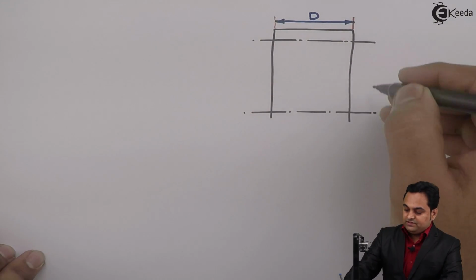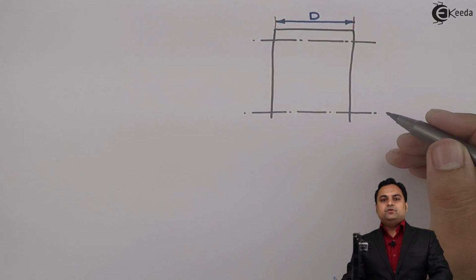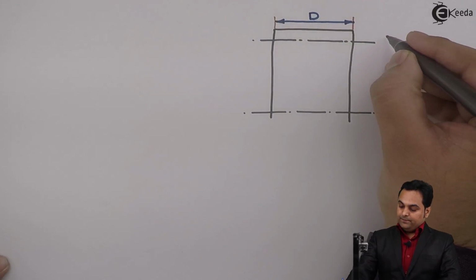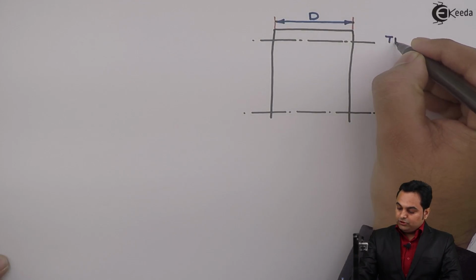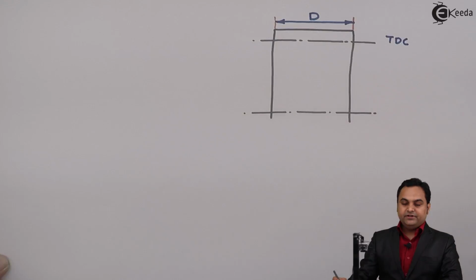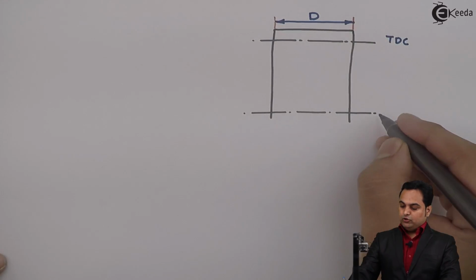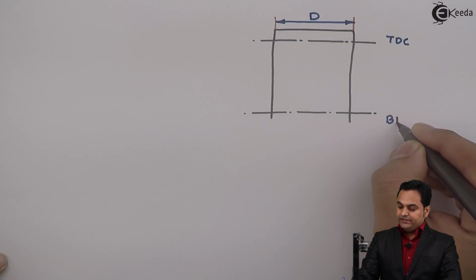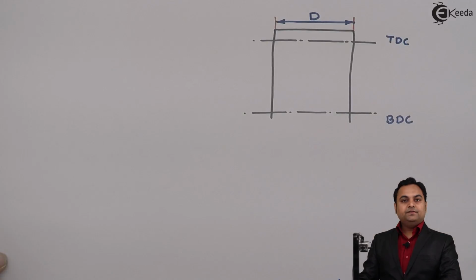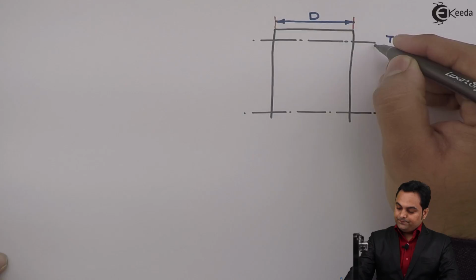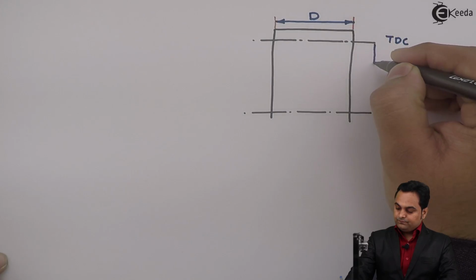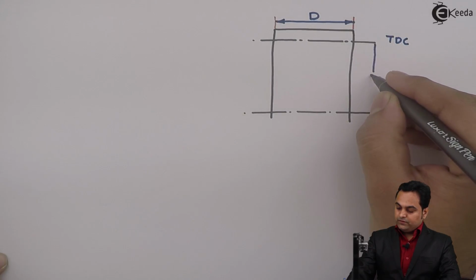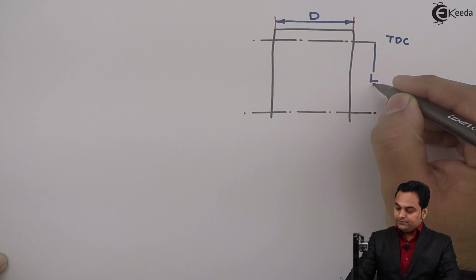Next, these are the limits in which the piston can move. The upper limit is called top dead center, TDC. At the bottom, here we have bottom dead center, BDC, and the distance between them is called the stroke length.